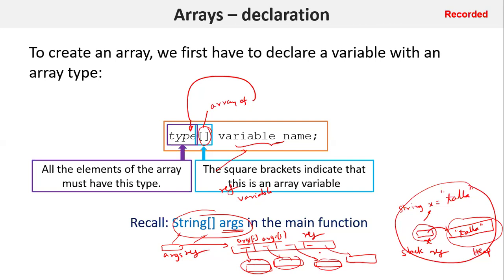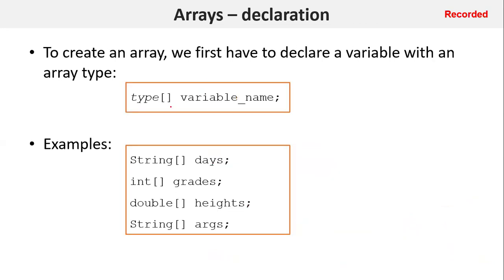They don't need to be consecutive. They are different locations. But this is consecutive. These references block is consecutive memory. This is a variable name. This is the array, and this is the array of type, whatever it is.